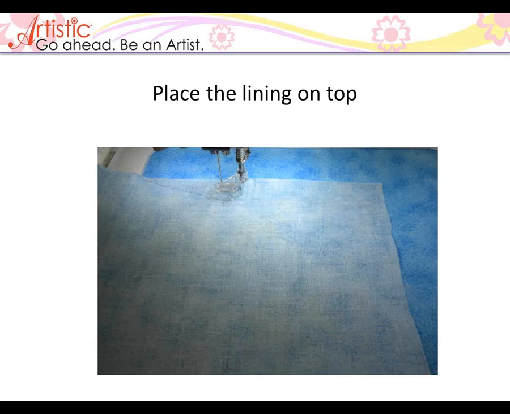Then that other half of the fat quarter, we're going to place it over our embroidery with the right side down. You can see where the needle is here, so you know that my fabric is going far enough this way that it's going to cover my decorative scallop.